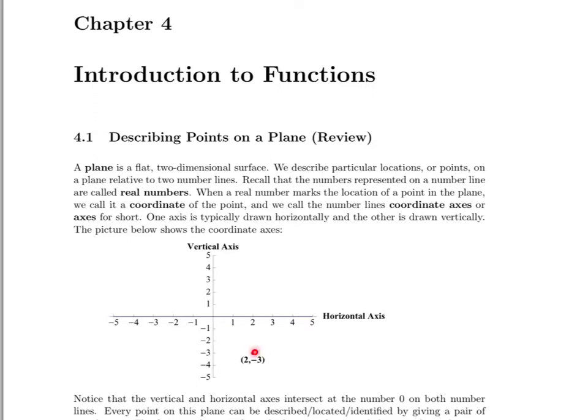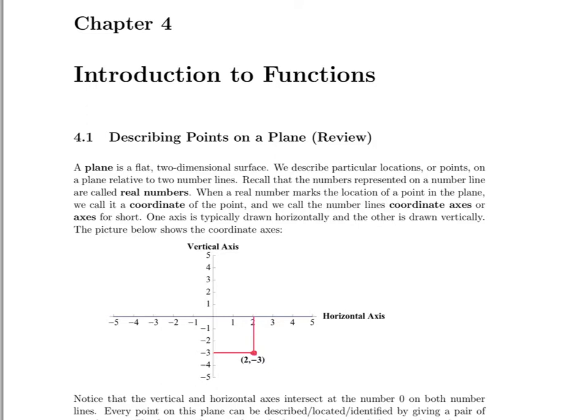Shown below is a point. The location of this point can be described by two numbers. If I start from the horizontal axis at 2 and I go down, and if I start from the vertical axis at -3 and I go over, I arrive at the point that is marked.